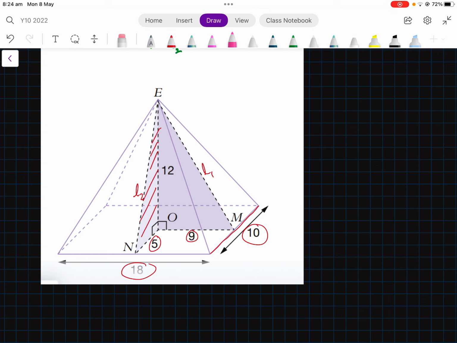And to calculate L1, we will use this triangle, from the right triangle with L1, 12 and 9. So once we are able to ascertain this visually, then it's easy to calculate the surface areas.